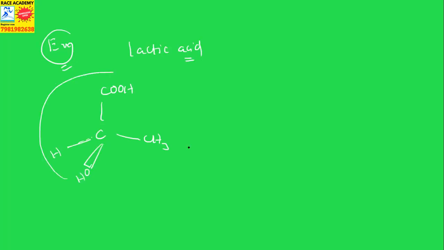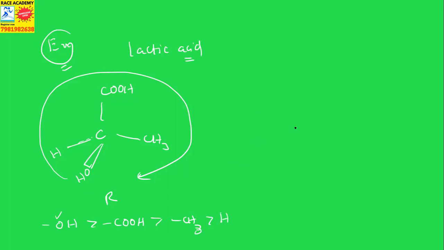So in this way, this is called R configuration. Why? Because the OH has higher priority than COOH. Why? Because directly this oxygen is attached to the carbon, but in the COOH group, first the carbon is there, so that atomic number Z value is lesser than the oxygen Z value, then greater than this methyl, greater than hydrogen.